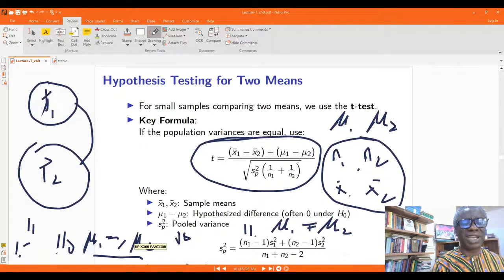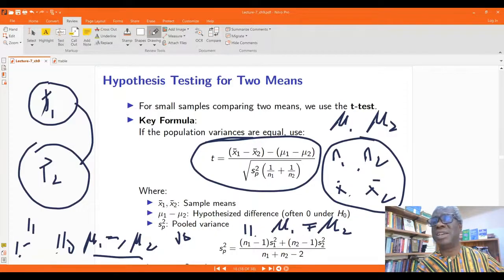It's still saying there is no difference between the means. The alternative can also say mu1 minus mu2 is not equal to 0, and that implies that there is a difference.